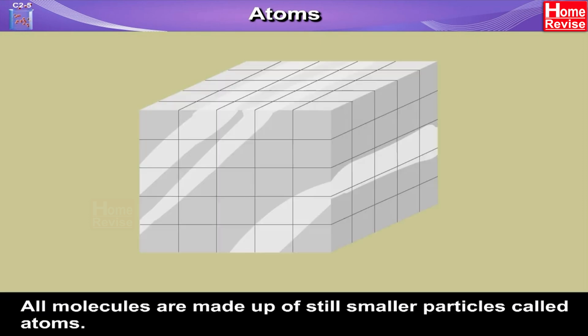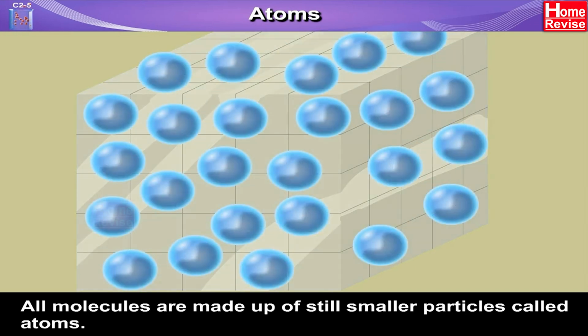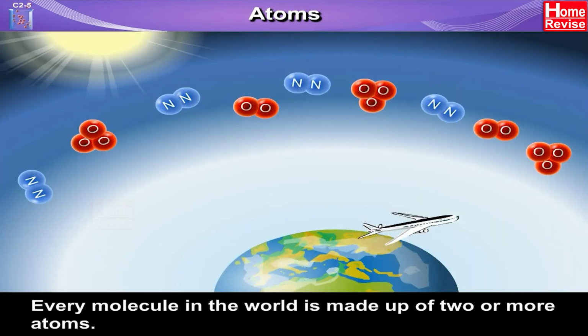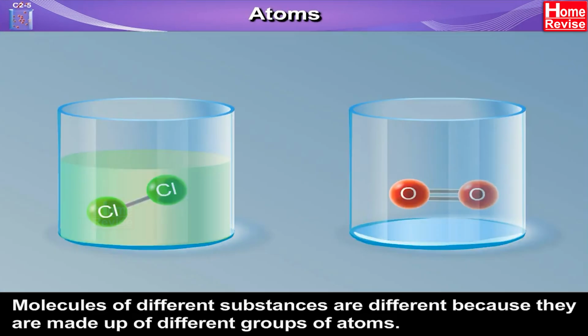Atoms. Now, what exactly are atoms? You know, all molecules are made up of still smaller particles called atoms. Every molecule in the world is made up of two or more atoms. Molecules of different substances are different because they are made up of different groups of atoms.